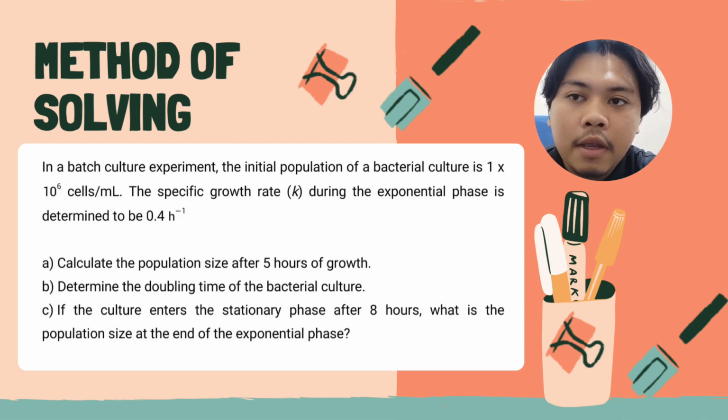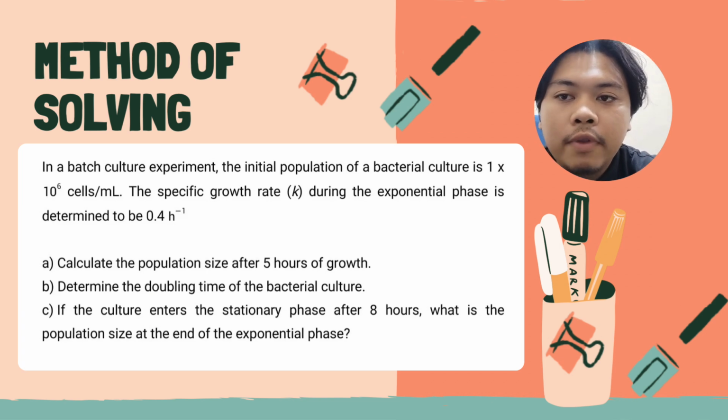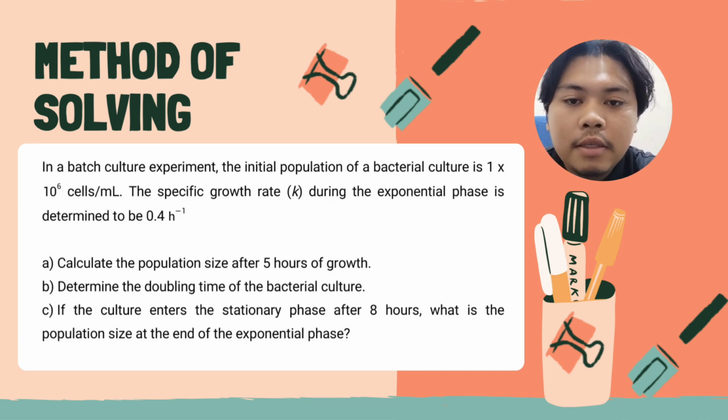The specific growth rate k during the exponential phase is determined to be 0.4 per hour. The first question is to calculate the population size after 5 hours of growth. The second is to determine the doubling time of the bacterial culture. The third is, if the culture enters the stationary phase after 8 hours, what is the population size at the end of the exponential phase?